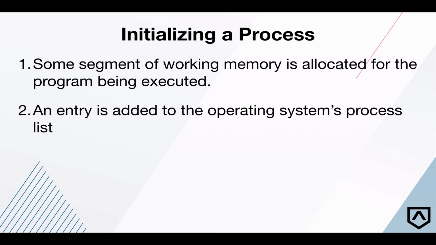That long list of processes that we just looked at, we'd have to add a new entry to it because we just started another process. That list needs to keep track of every single process running on your machine at any point in time, so we add a new entry so that the operating system is aware of that process, because the operating system keeps track of all running processes.